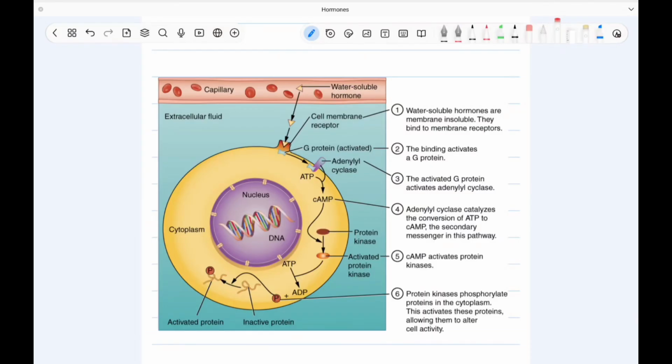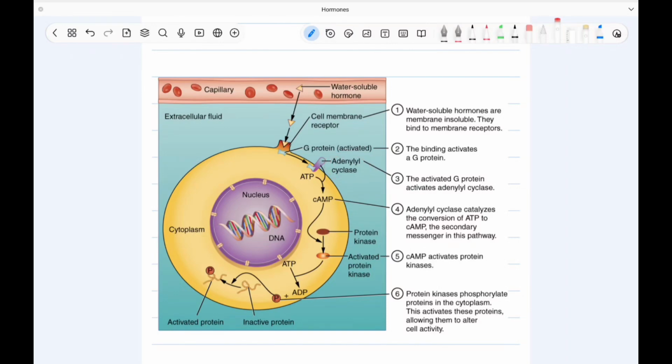Here in the picture we can see a water soluble hormone which cannot cross the lipid bilayer of the cell membrane, so it comes and binds with the receptor. It leads to formation of the hormone receptor complex. This binding activates the G protein, which in turn activates adenylyl cyclase.